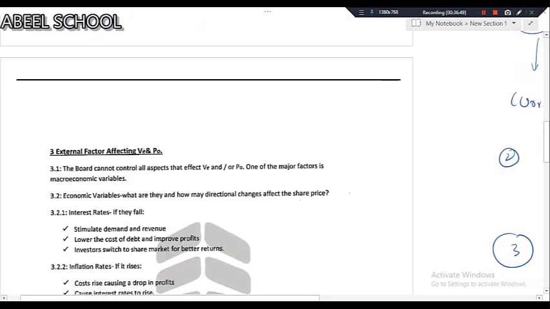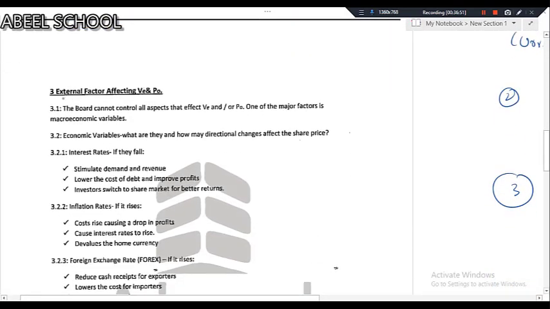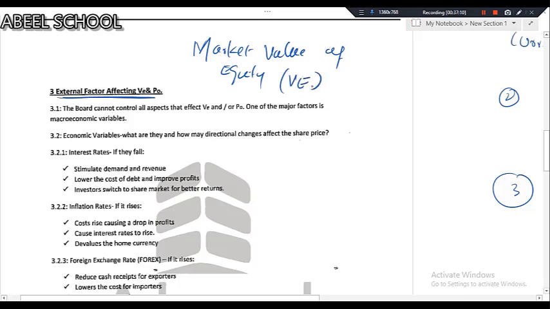Okay. Now we have external factors affecting V. We represent market value of equity with V. V simply means market value of equity.